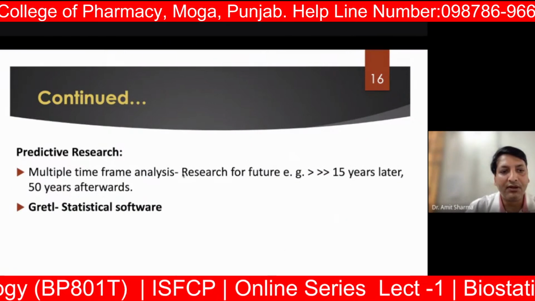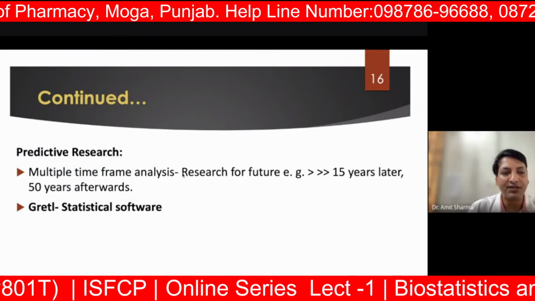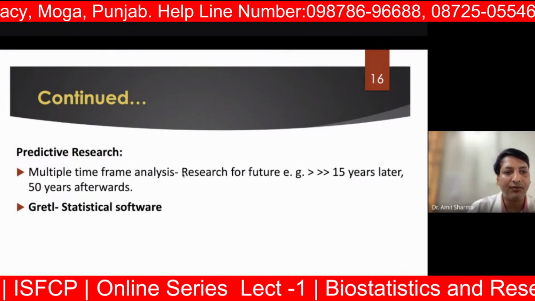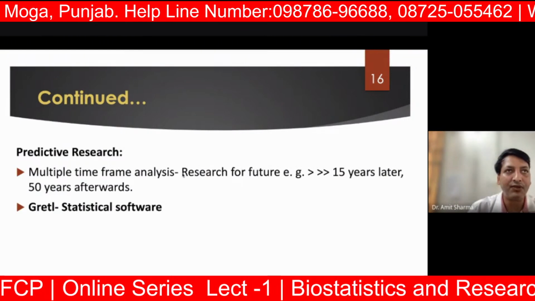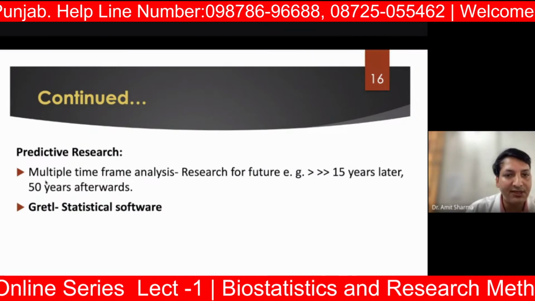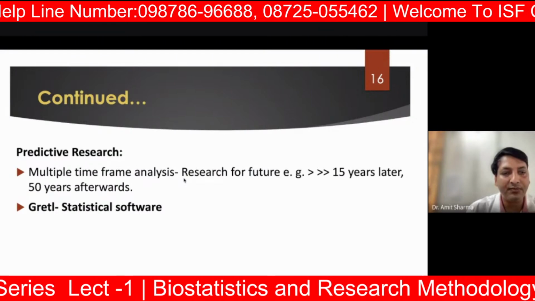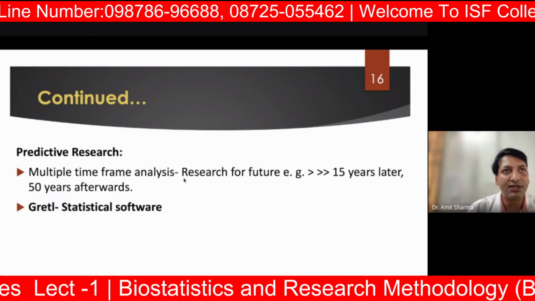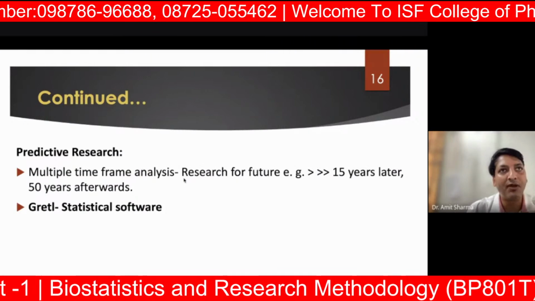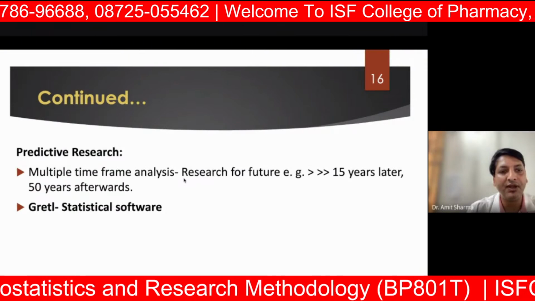One more new trend of research you are going to find in different research papers is called predictive research. We use different terms for that, such as multiple time frame analysis. Some scholars are more interested in finding out what is going to happen after 15 years or 50 years.